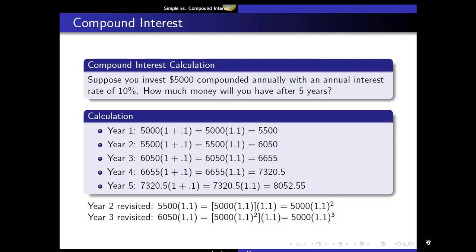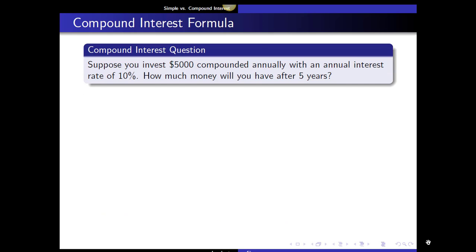Notice the years here. Year 2 appears up in the exponent on the 1.1. In the third year, the 3 appears in the exponent on the 1.1. So basically our time should be appearing in the exponent. And there's one extra piece we're going to have to account for, and that's how often we're compounding. This gives us our formula for compound interest.